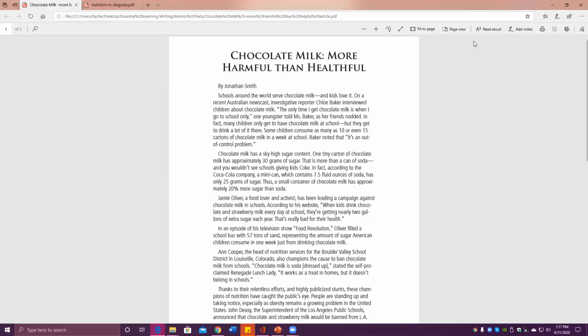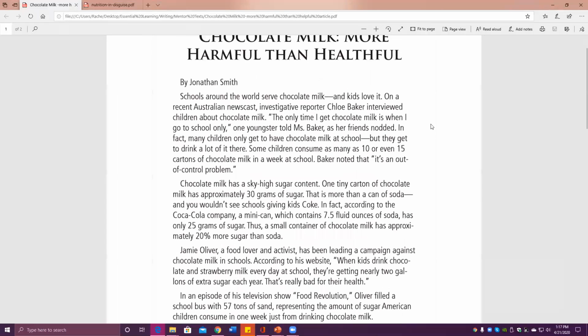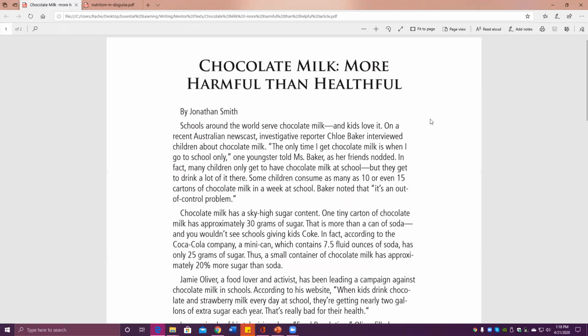We're going to read Chocolate Milk, More Harmful Than Helpful by Jonathan Smith. Schools around the world serve chocolate milk, and kids love it. On a recent Australian newscast, investigative reporter Chloe Baker interviewed children about chocolate milk. "The only time I get chocolate milk is when I go to school only," one youngster told Miss Baker as her friends nodded.